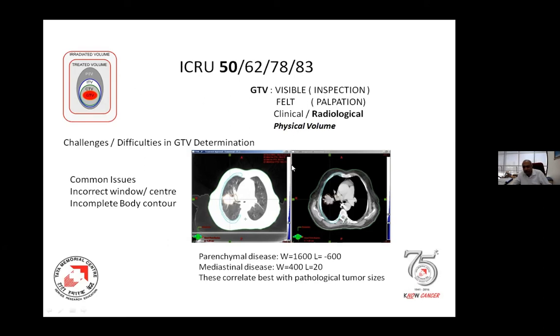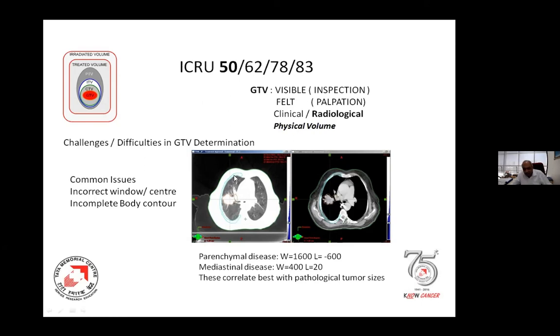Every good planning system has windowing systems. This is the mediastinal window, and this is the lung window, and we need a standardized window width of 1600 and a level of minus 600 Hounsfield units, so that we can see the parenchymal disease well.